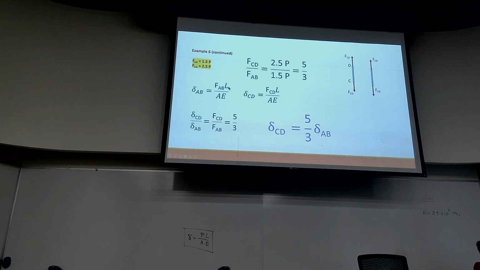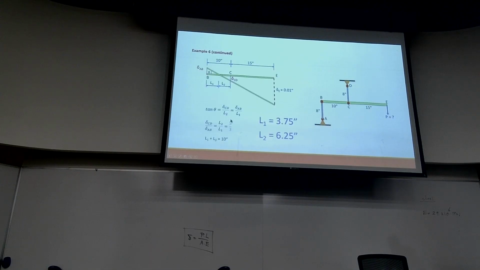Because the L's are the same, the A's are the same, the E's are the same, if the forces are related through this, the same applies to deltas, because delta is directly proportional to the force. So if the force in CD is bigger than the force in AB by a factor of 5/3, the same applies to their deltas or deformation. So we can find that delta CD is 5/3 times delta AB.